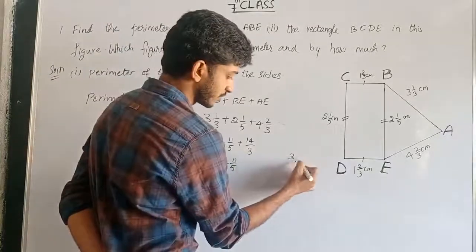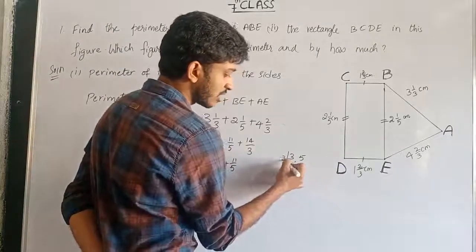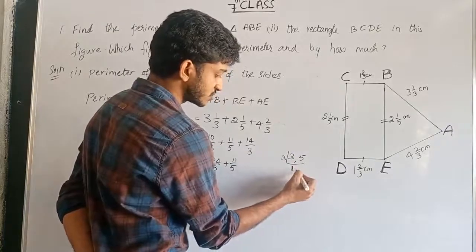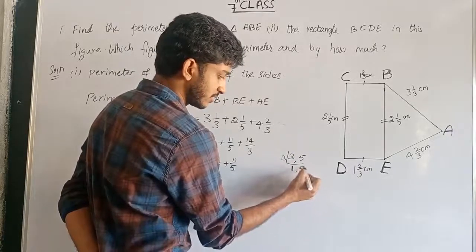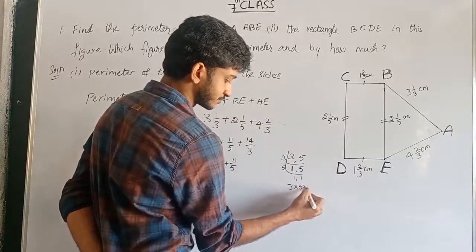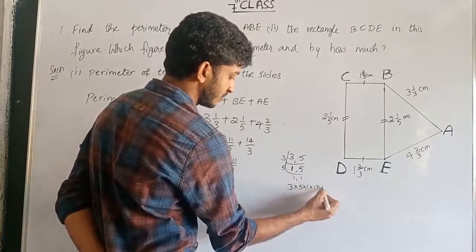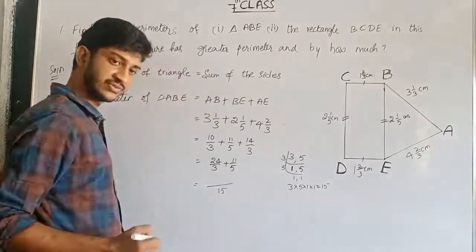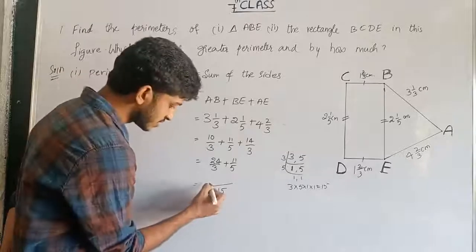If there is no common number for these two numbers, take them and multiply them, equal to 15. Okay. So LCM is what? 15. In 3 table 15 is 5 times.